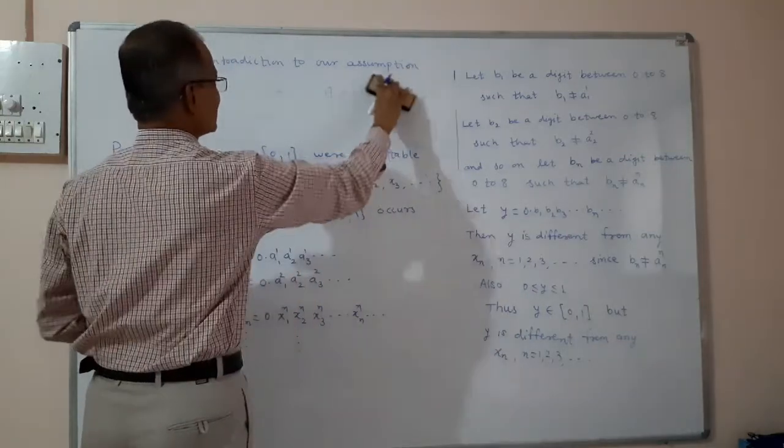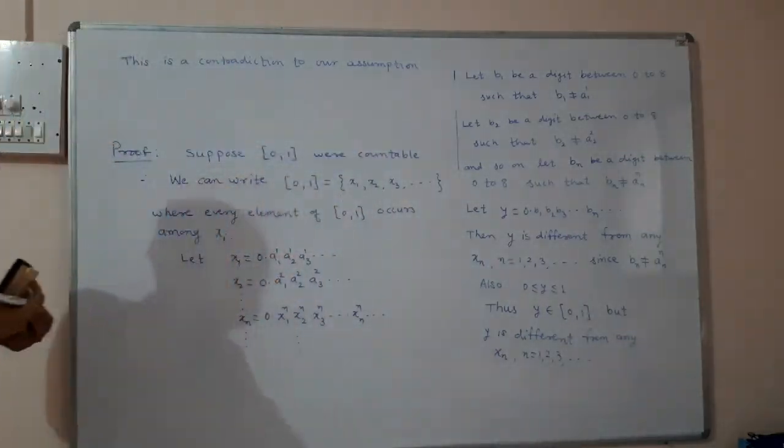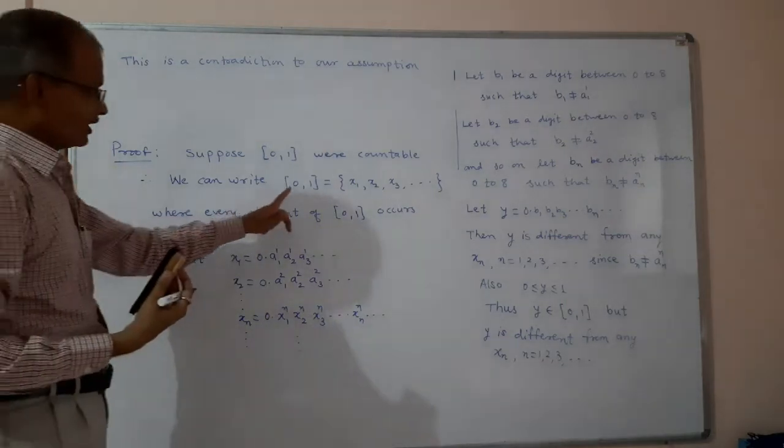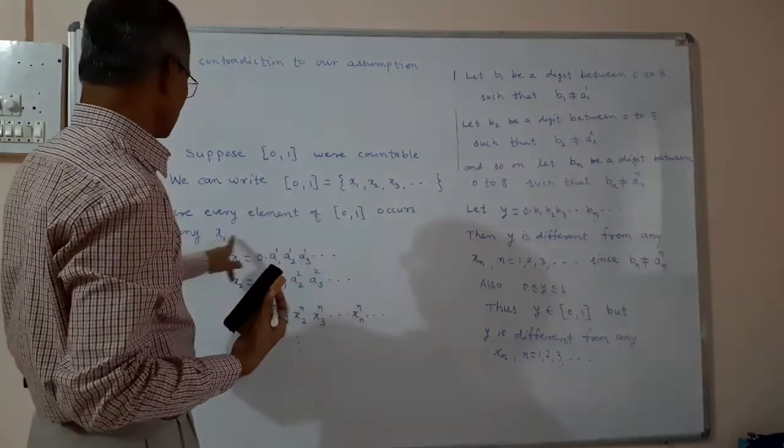What we have assumed is every number between 0 to 1 occurs among xi.